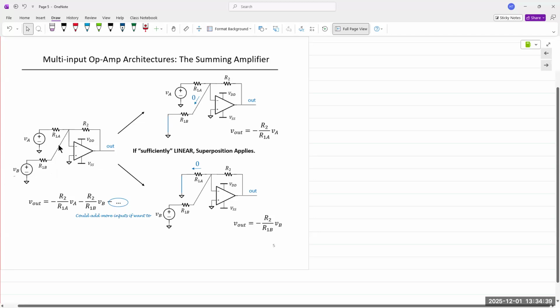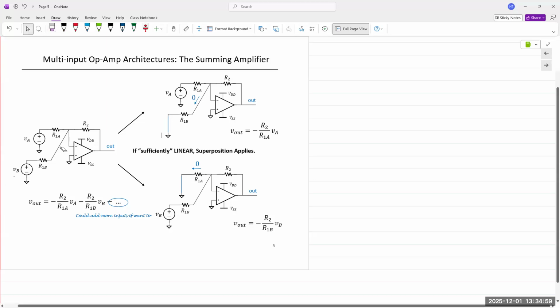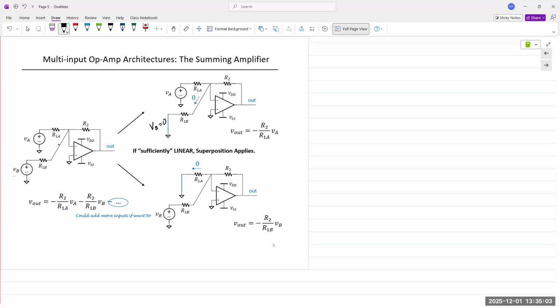It can be easily proven by superposition. If we have linear sources and linear resistors, then we can apply superposition. Superposition only applies to linear circuits. So if you apply superposition, voltage source V_B is inactive, so V_B equals 0.